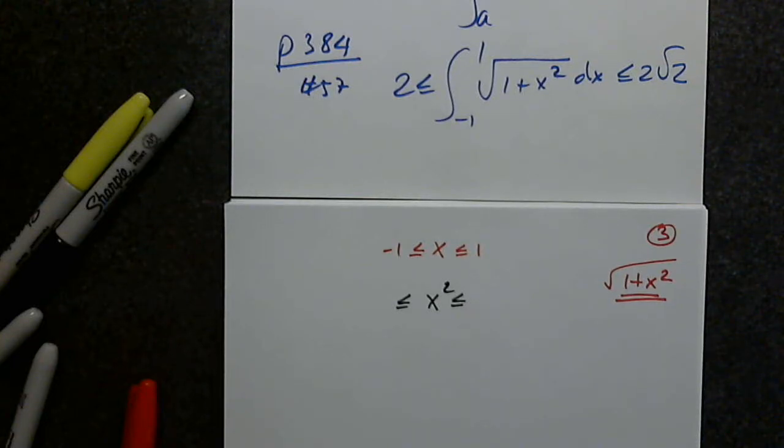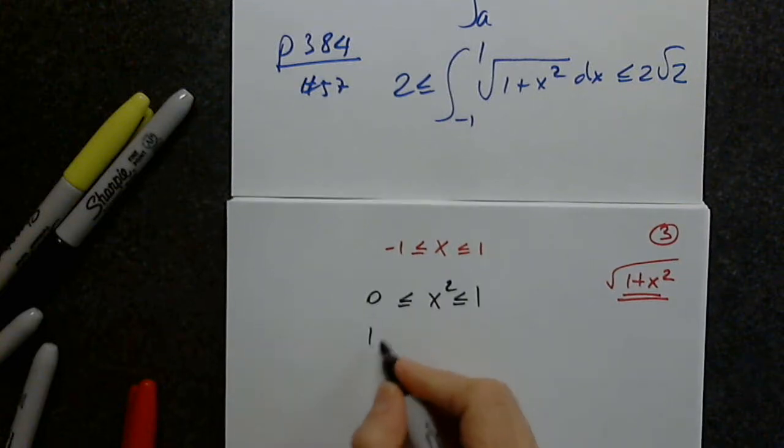Remember x between -1 and 1, when you square those numbers between -1 and 1, what is the smallest number you get? 0. What is the largest number you get? 1. Is that clear for everyone? Okay. So I created one piece of the puzzle. Now what should I do to all three sides to get closer? Add 1. Awesome, awesome.